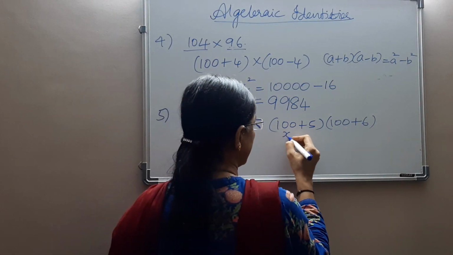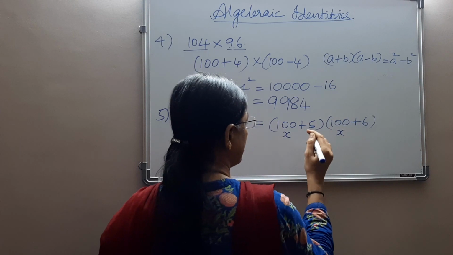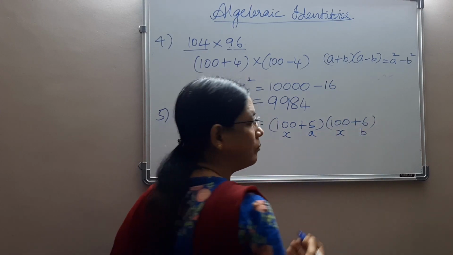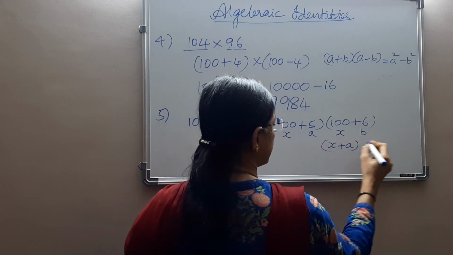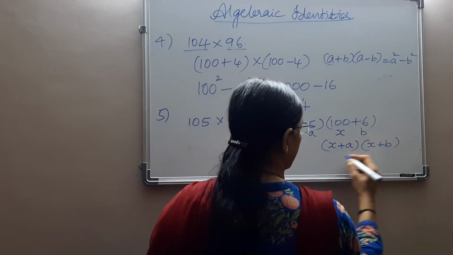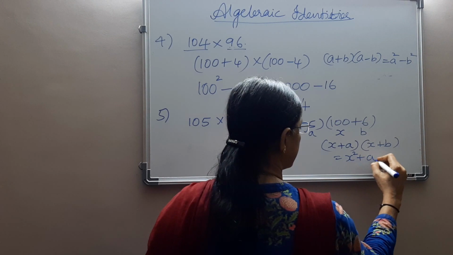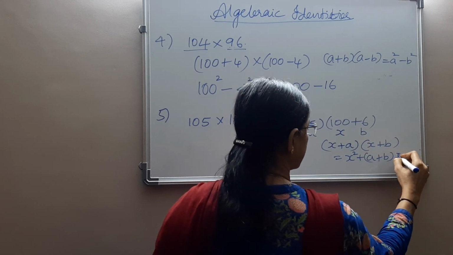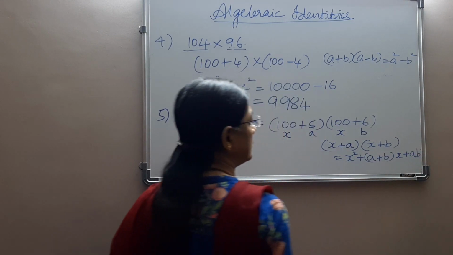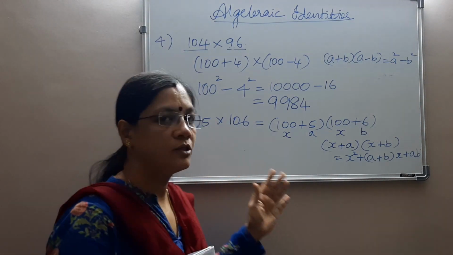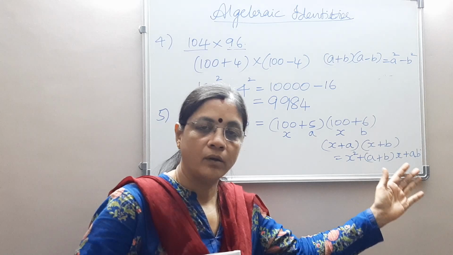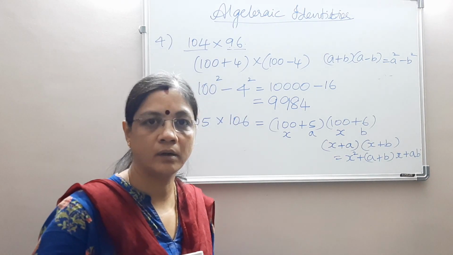Yes, because x is same here, that is 100 is same here, and this has to be a and b now, so that we can apply the identity x plus a into x plus b is equal to x squared plus a plus b into x plus ab. So I told you, whenever you do a problem like this using algebraic identity, you justify your step.